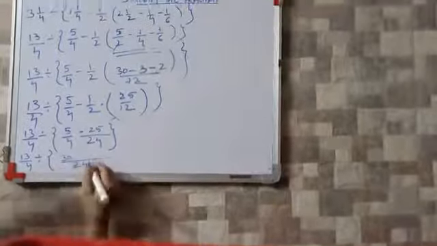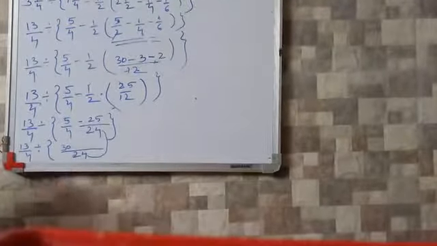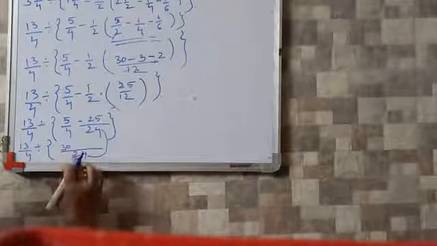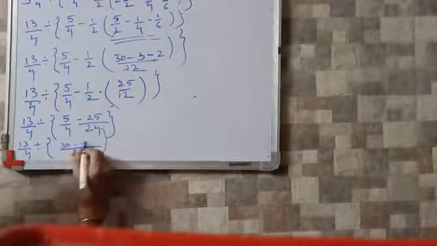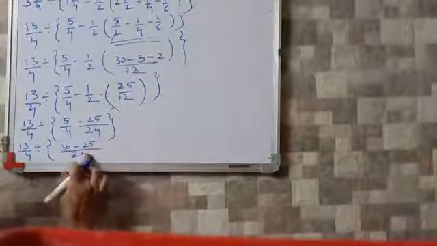So you will get 30. Clear? Now again this 24 LCM will be divided by denominator 24. When you divide these both, you will get 1. That will be multiplied by numerator. So 25 into 1, 25. So you will get 25. Now curl bracket closed.